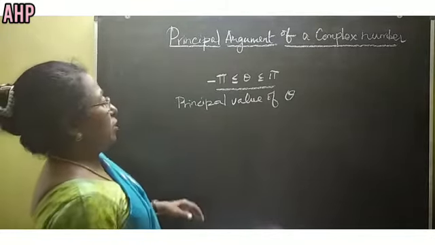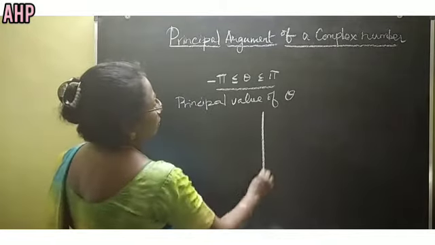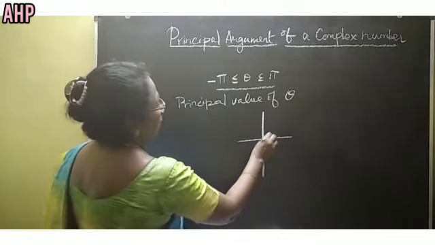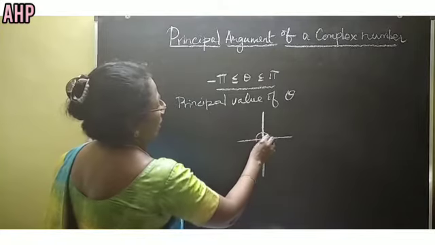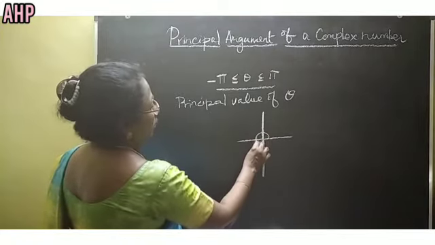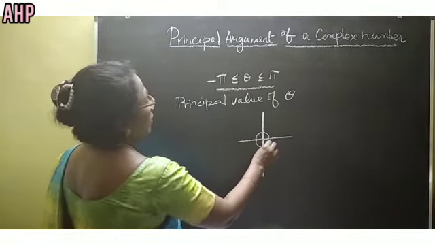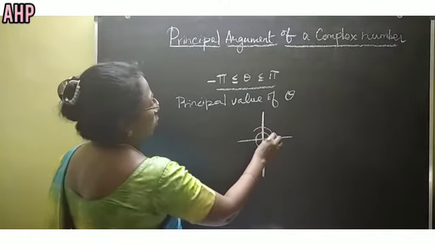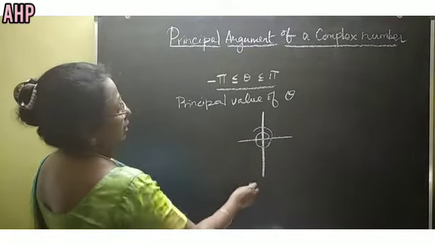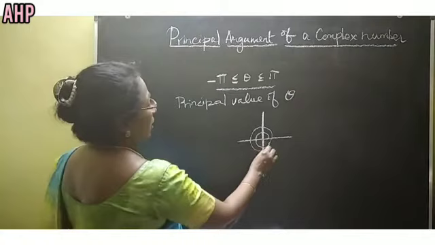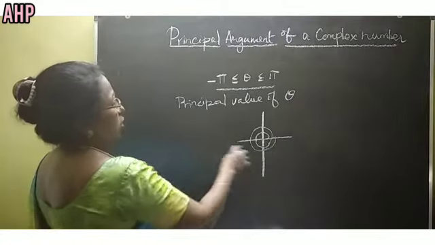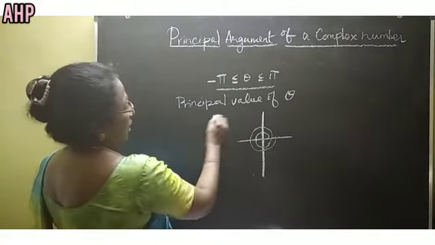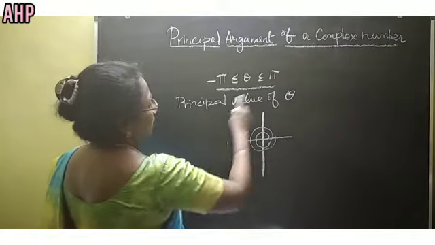Out of that range, in the fourth quadrant, within 180 degrees it is the principal value. If it comes down, it can take more than 360 degrees, it can go more than 720 degrees. So, in general, theta can go as many times as possible.